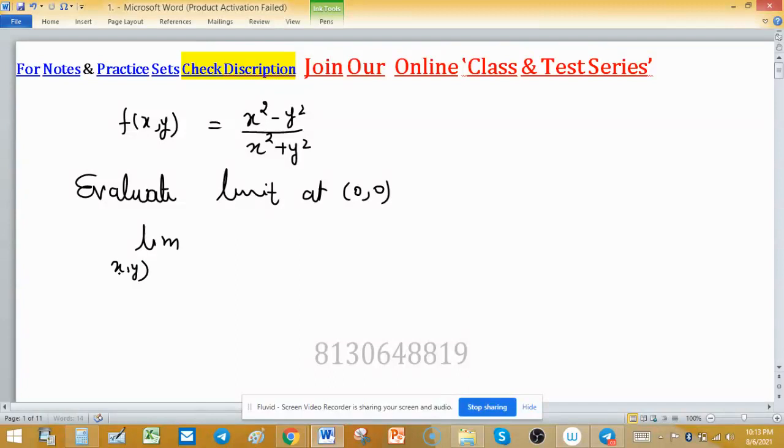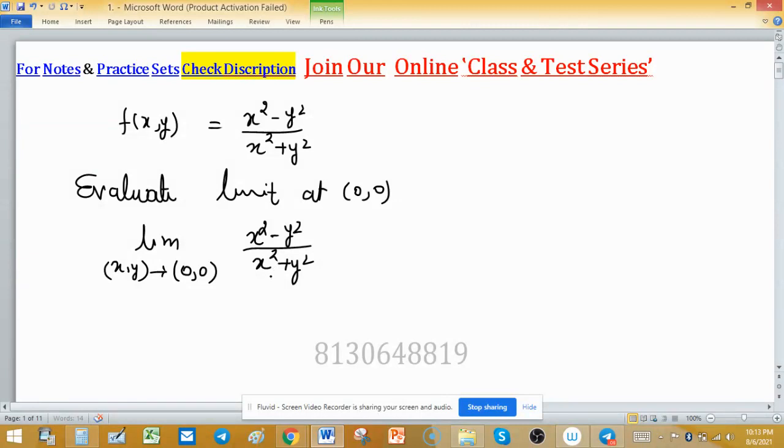We can write this problem as the limit as (x,y) tends to the point (0,0) of this function. If the limit of this function exists, it means every path going to the point (0,0) gives the same limiting value.